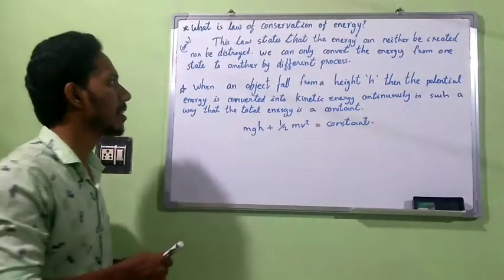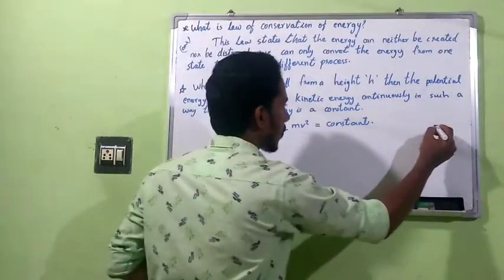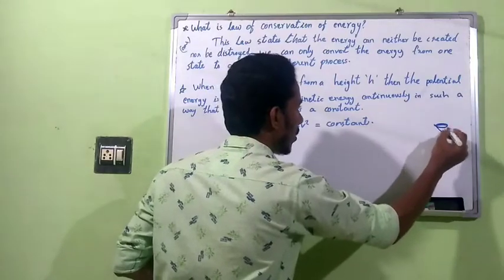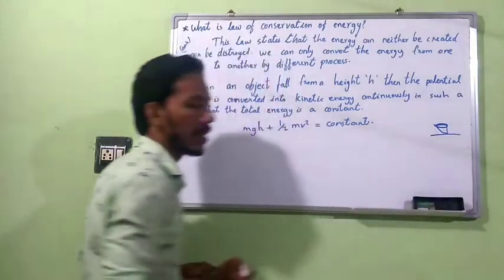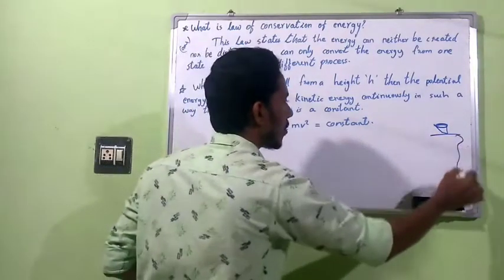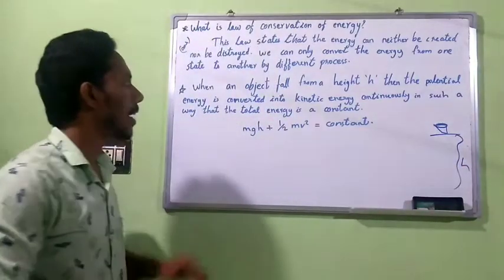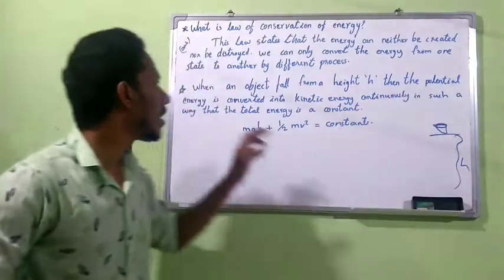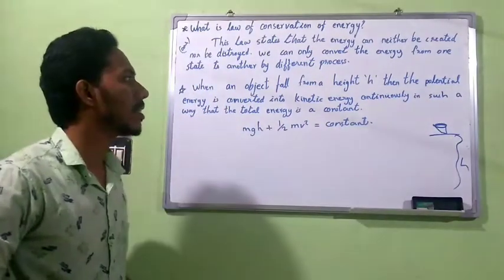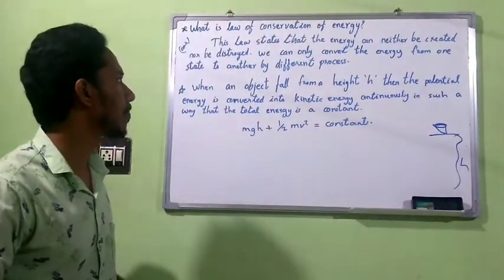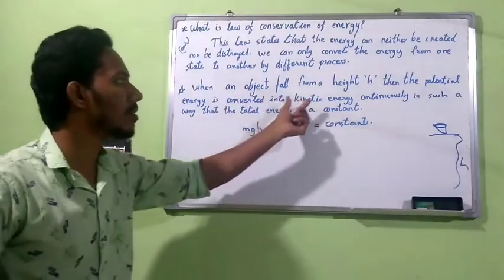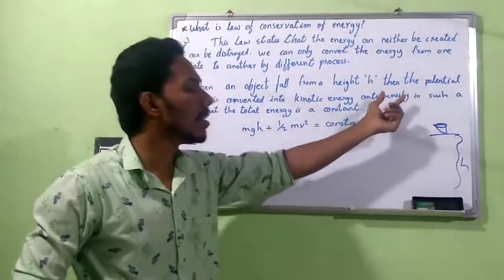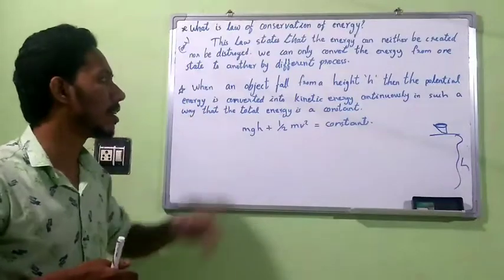Here is an object placed at a height h. When an object falls from a height h, the potential energy is converted into kinetic energy.